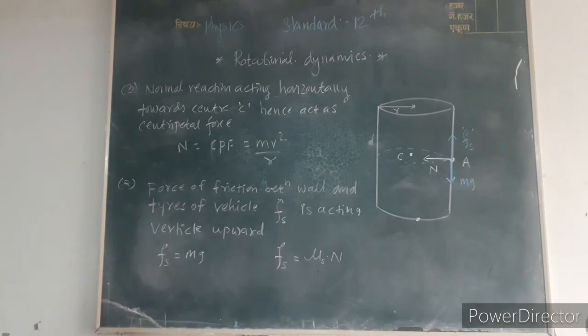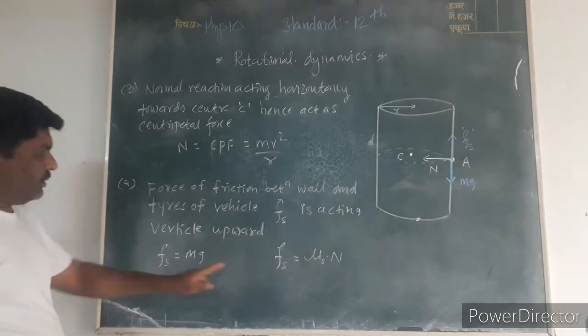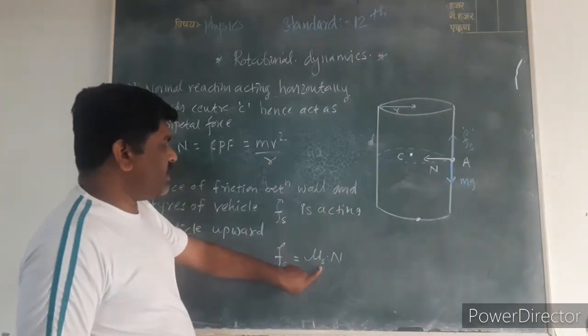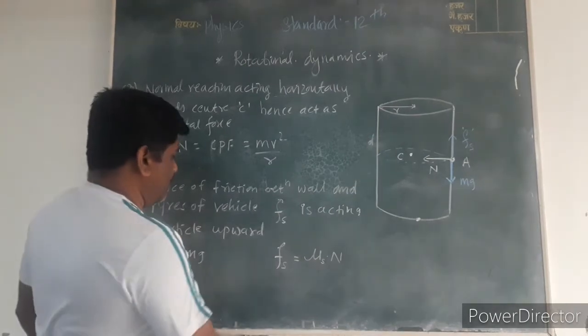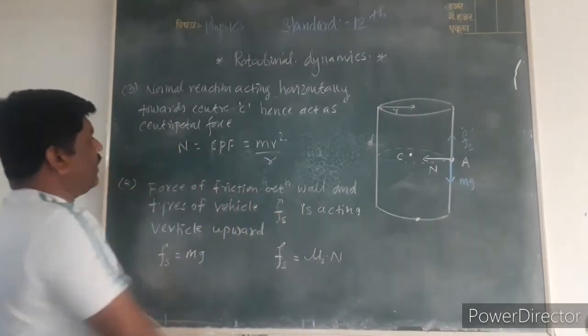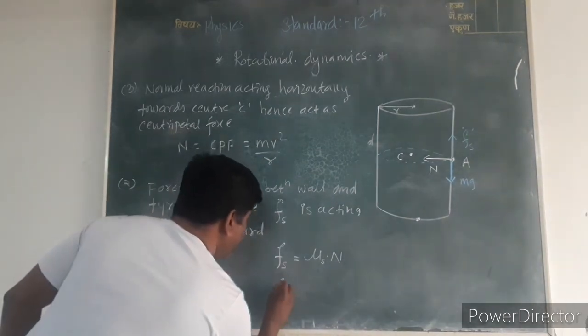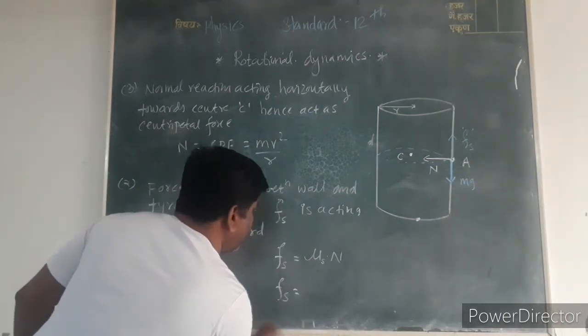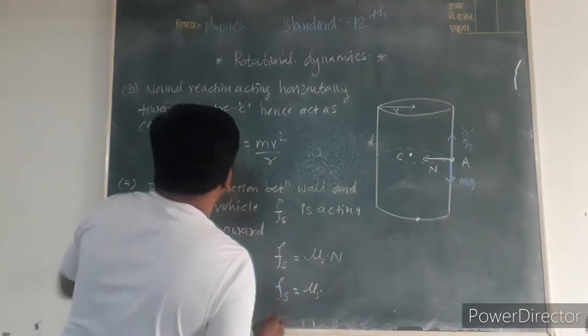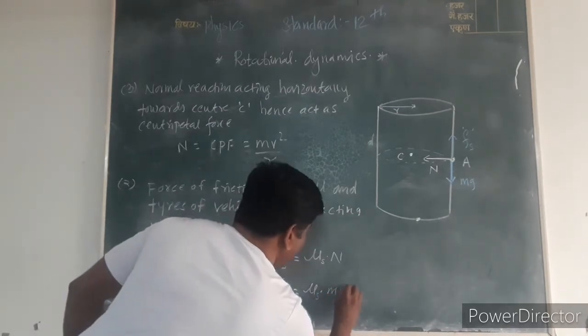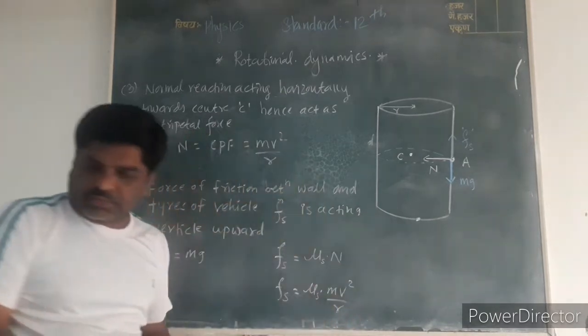Therefore we can rearrange the equation. Fs is equal to mu s into N. Now we use the value of this N. Therefore Fs is equal to mu s into mv square upon r.